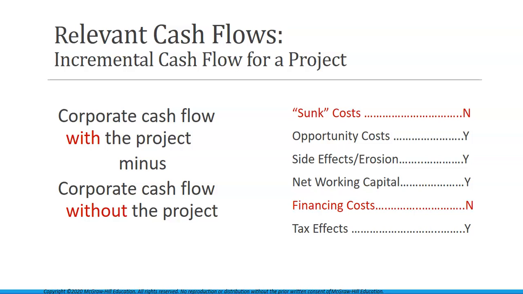We have to recognize that our taxes are a cash outflow. We also recognize the tax effects of depreciation. That's called the depreciation tax shield. How much do we save in taxes because we have depreciation on an item?